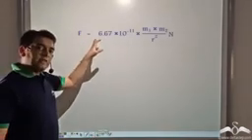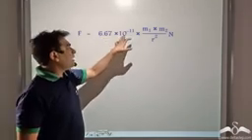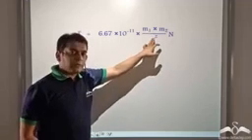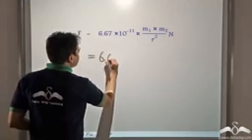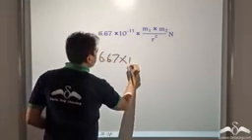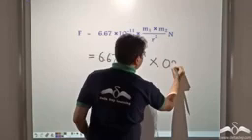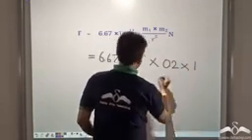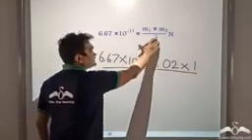We know that the gravitational force of attraction is equal to 6.67 into 10 to the power minus 11 into m1 into m2 divided by r square. Let's substitute the values here. We get 6.67 into 10 to the power minus 11 into mass of the ball, which is 0.2, into mass of the bat, which is 1, divided by r square, where r is the distance.